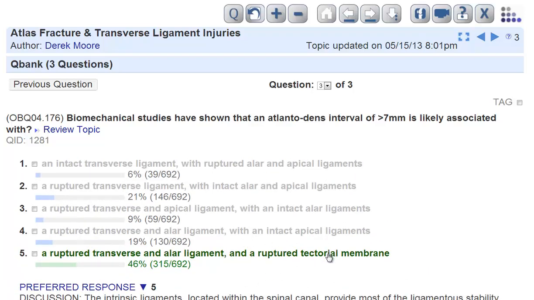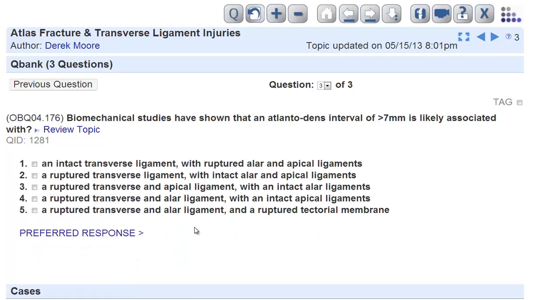So again, here this is saying it actually includes a rupture of the tectorial membrane. That would actually be true as well. There's actually an error in this question, and we'll try to use this as a teaching point.